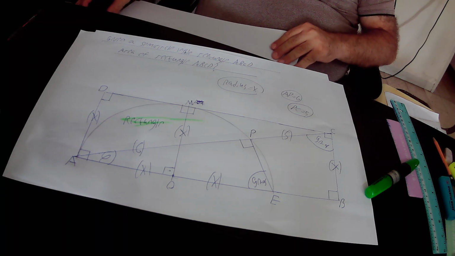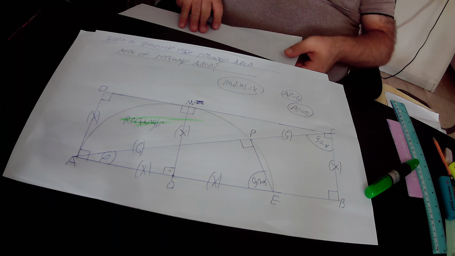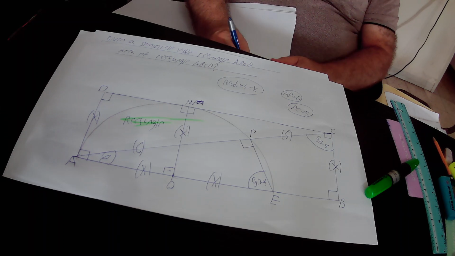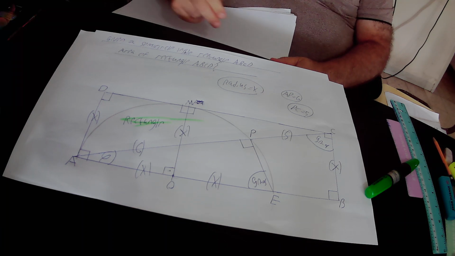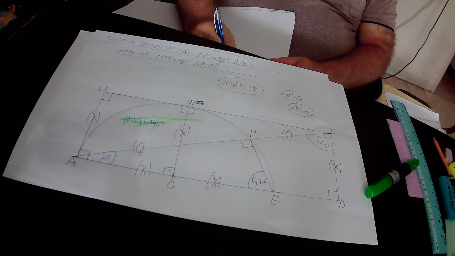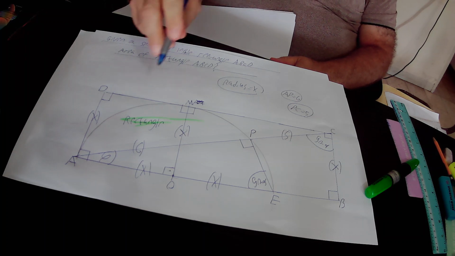We prove that the right big triangle ABC is similar to the right small triangle APE.